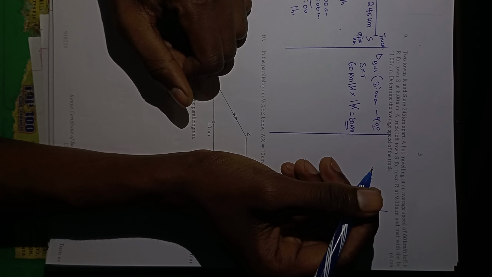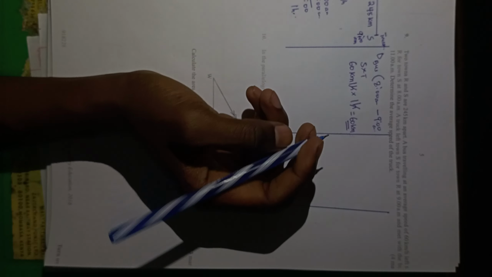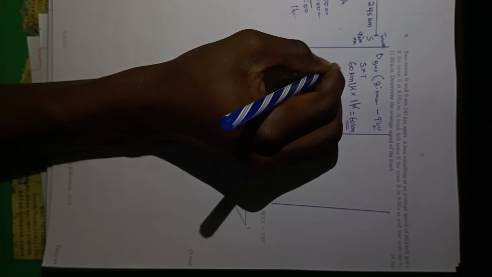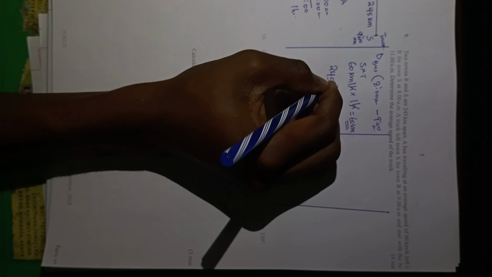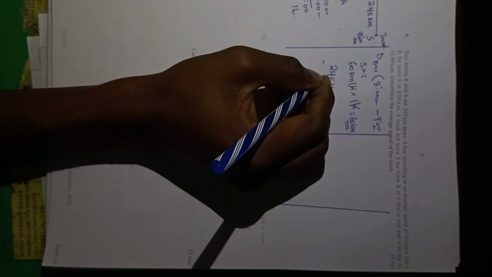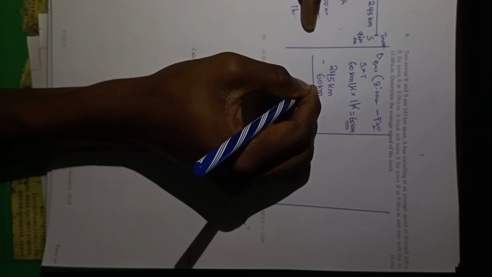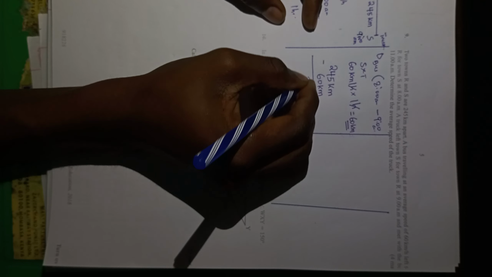If the distance between them was 245, we have to subtract 60 kilometers from the 245 to come up with the remaining distance. If I take 245 kilometers and subtract 60 kilometers, the remaining distance will be 185 kilometers.